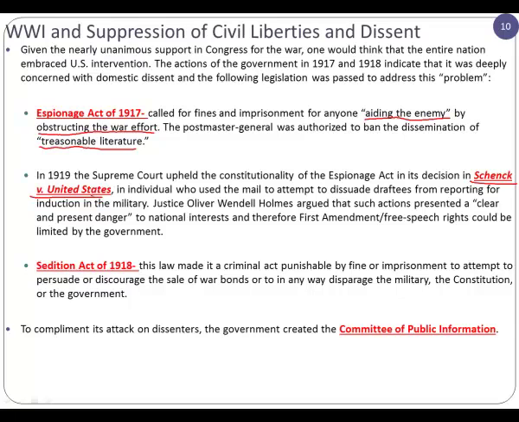Anyone who commits actions against the country presents a clear and present danger to national interests. And therefore, this is the most heavy idea here, the First Amendment and free speech rights can be limited. If you are considered an enemy to the state, being the government, in accordance with this Supreme Court case and the Espionage Act, they can suspend your constitutional rights.